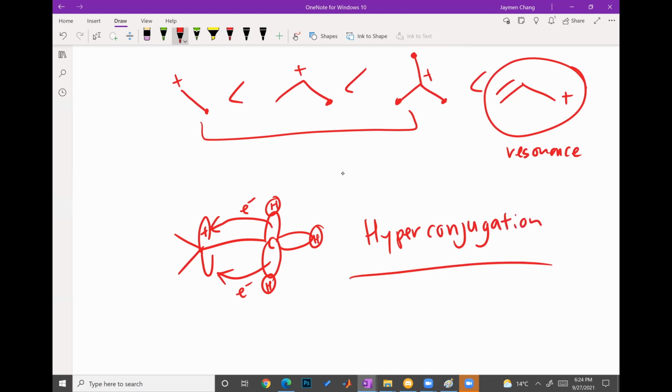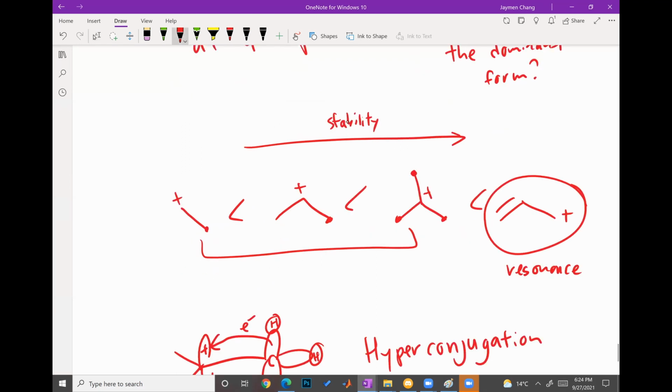So this is quite a big word, but all you have to know about hyperconjugation is that the methyl groups are electron donating. So they give a bit of electron density to the positive carbocation. And notice how the more methyl groups we have, the more of the donating effect we have. Therefore, it's more stabilized. Does that make sense?